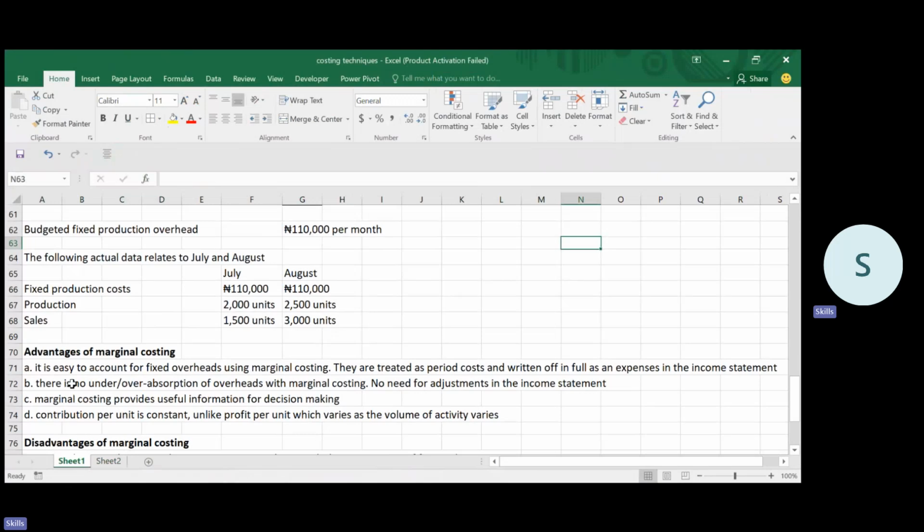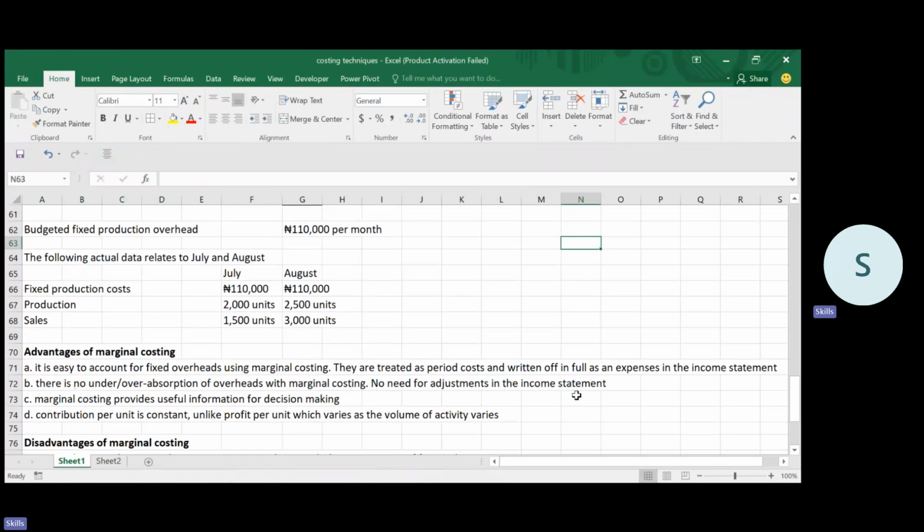With marginal costing, no need for adjustment in the income statement. So you don't make any adjustment regarding over absorption or under absorption of overhead in marginal costing.